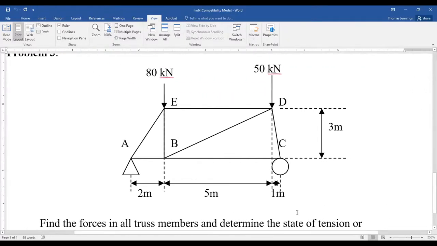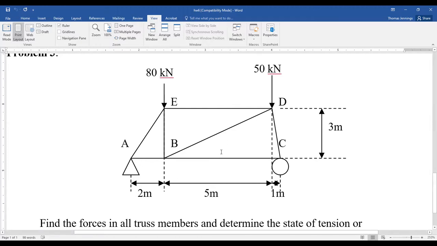We've got a reasonably complex truss. There are a lot of members to this one. We've got 1, 2, 3, 4 members going across, and then we've got 5th, 6th, and 7th on the bottom there. So that's a lot of members to work with.